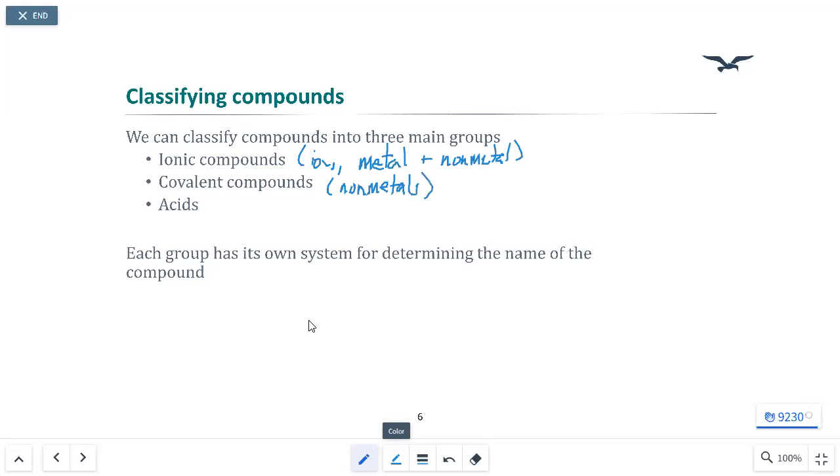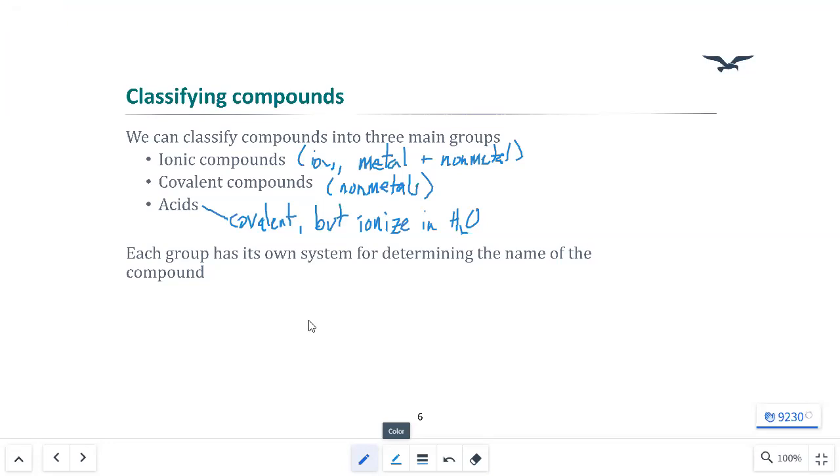And then acids are kind of weird. Acids are covalent compounds. But when we put them in water, they will ionize. So they kind of have their foot in both doors.